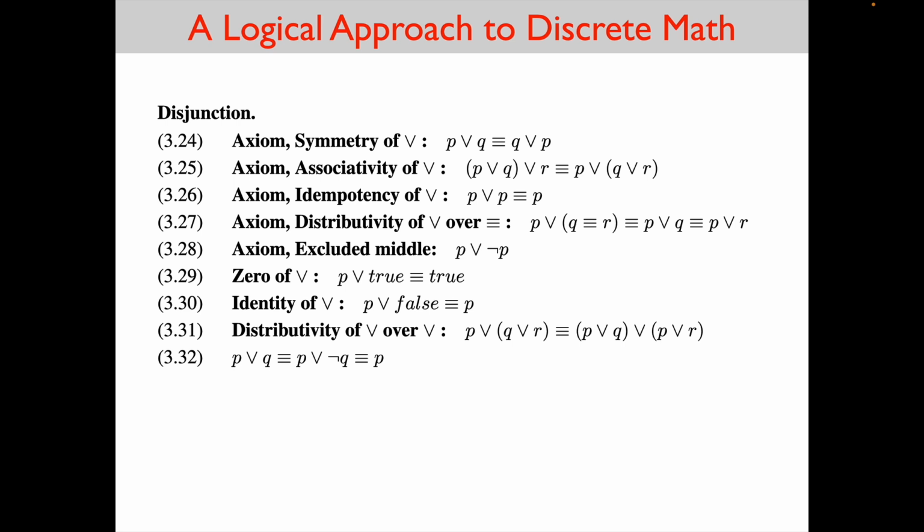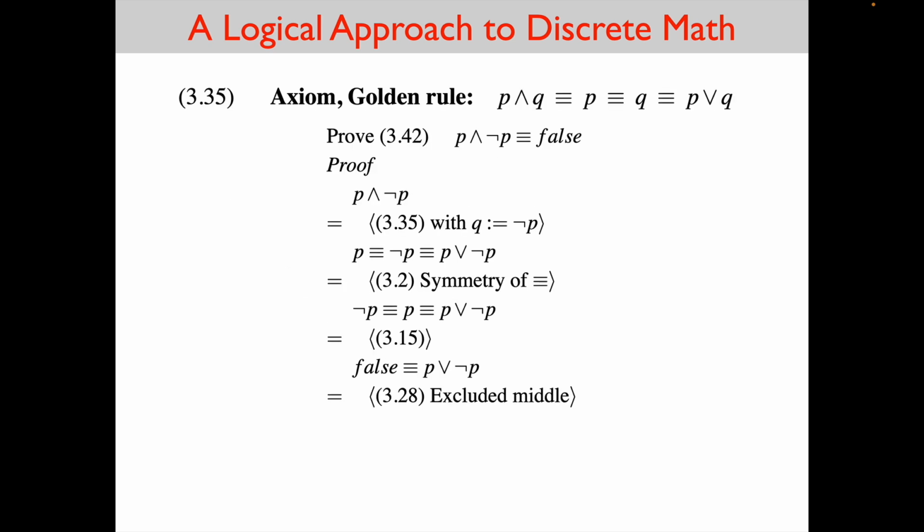So the way you use excluded middle in a proof is anytime you have any Boolean expression of the form P or not P, you can simply replace that with true. So let's do that. Here we are, 3.28 excluded middle, and we are going to replace that P or not P with true.